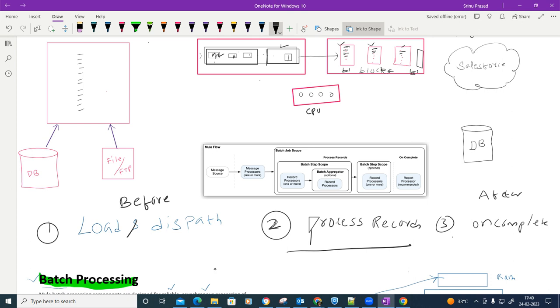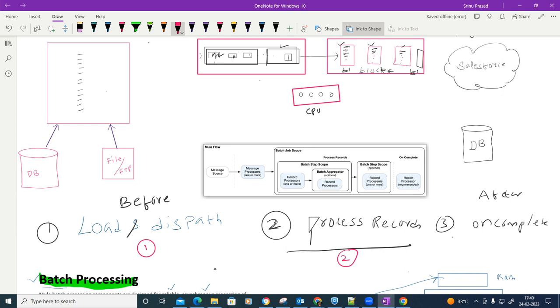This is before, after, and actual. Remember it like that. The important point to understand is what happens in each phase. The load and dispatch phase and the process records phase are very important to understand your batch process deeply.